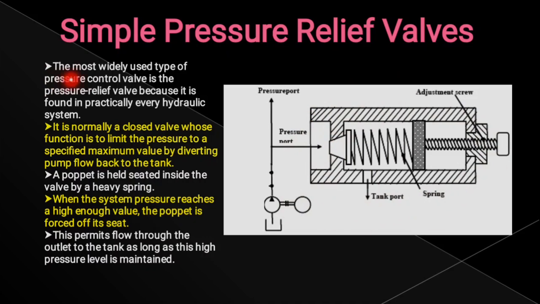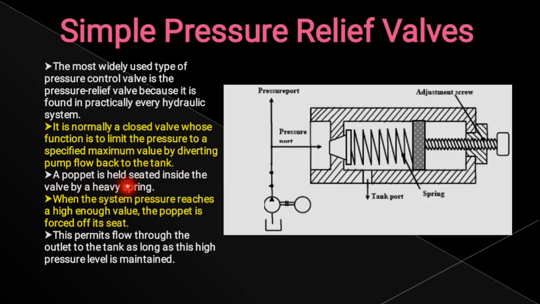The most widely used type of pressure control valve is the pressure relief valve, because it is found in practically every hydraulic system. It is a normally closed valve, normally in the closed position, not in the open position. Its function is to limit the pressure to a specified maximum value by diverting the pump flow back to the tank.